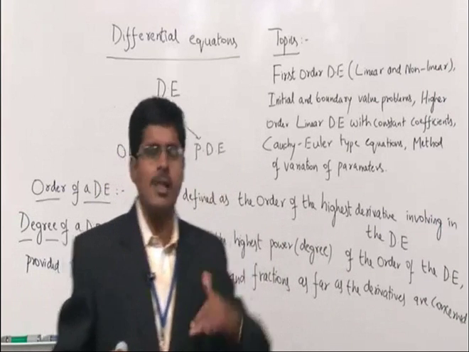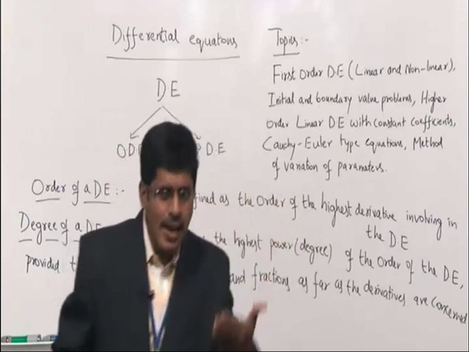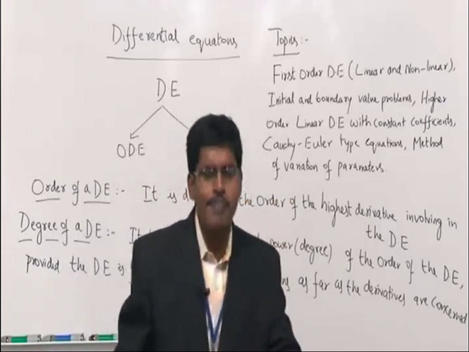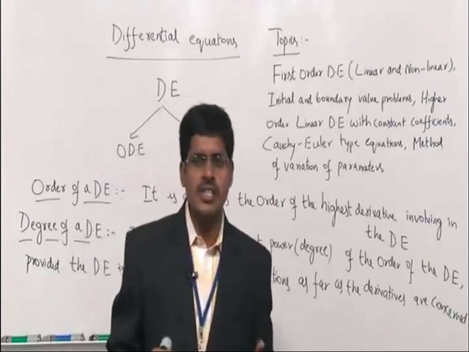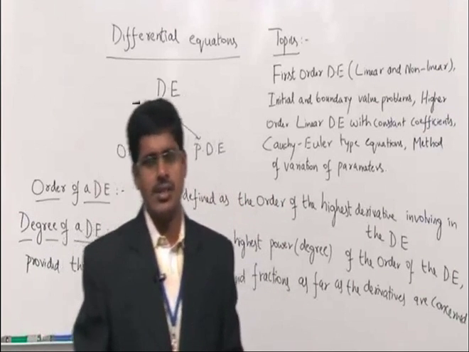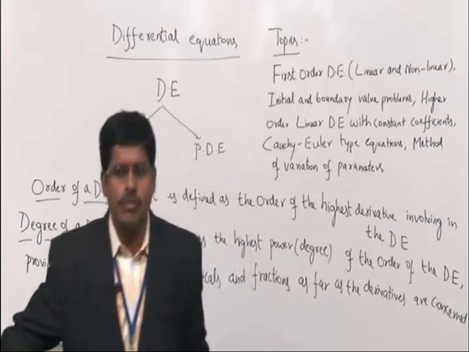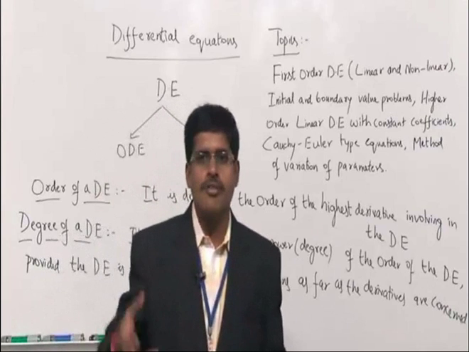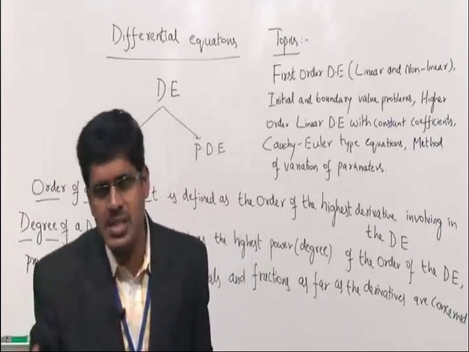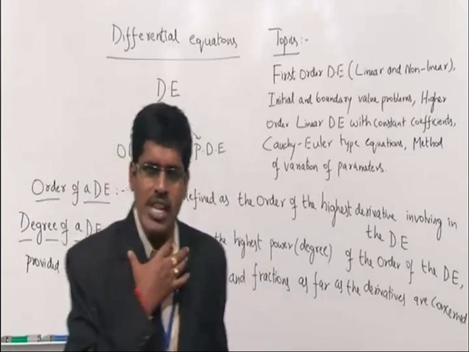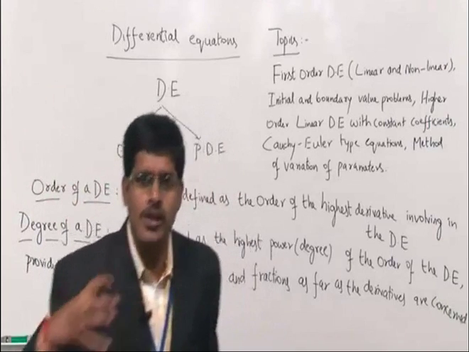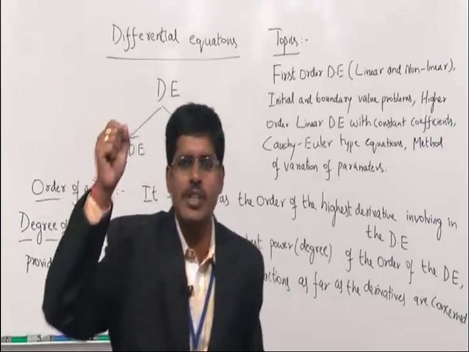Once we know the order of the differential equation, then the highest power. So first of all, let me say the power, that is the degree of the highest derivative, that is also called the degree of the differential equation, provided the differential equation is free of radicals and fractions. That is, whenever a denominator contains 1 plus dy by dx, you have to remove it. Whenever square root of 1 plus dy by dx is there, that square root is called a radical; you have to remove it. That means finally you bring your differential equation into polynomial form as far as the derivatives are concerned.